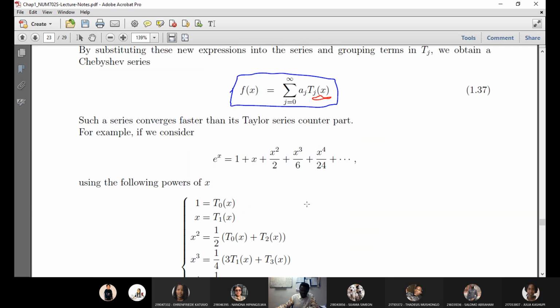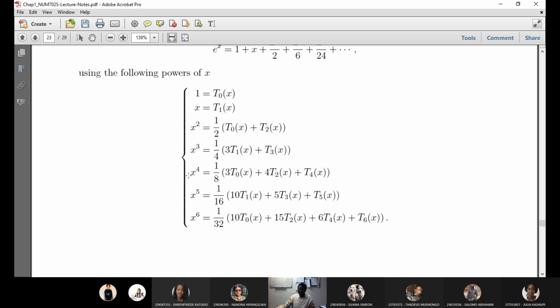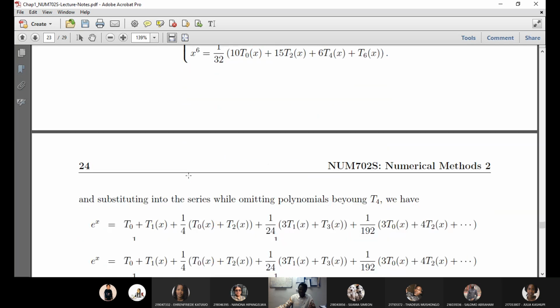You see that we substitute up to x6. We don't have x7 here. As I explained earlier, in x7 you have some of these components which are supposed to come and add up to these ones to give us a more accurate result, but they are not present. So at the end of the day, what I obtain here is an approximation which is not that good.